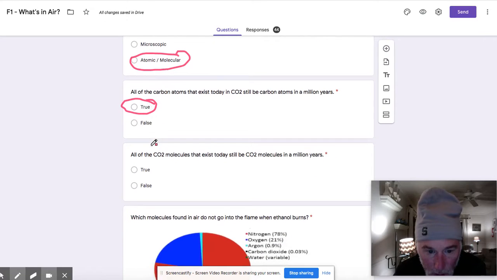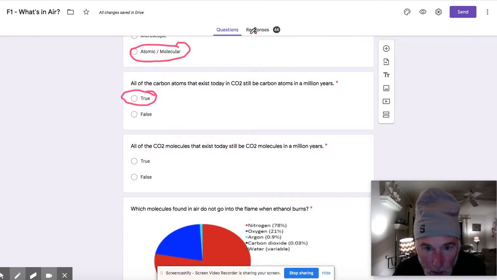The next question, though, when we look at our responses, about 50% of you said that this question was true. And the answer is actually false, because some CO2 molecules could change. Now, what I want you to think about is how could a CO2 molecule change?